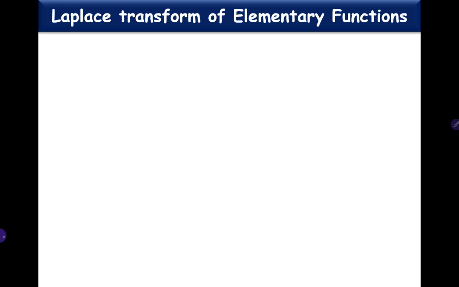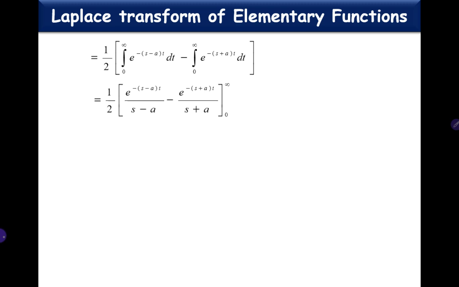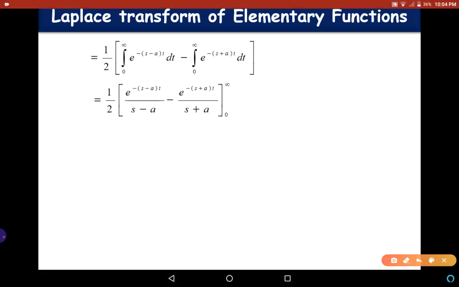That is equal to 1 by 2 times the integral 0 to infinity e power minus of s minus a into t dt minus the integral 0 to infinity e power minus of s plus a into t dt, which is equal to 1 by 2 times e power minus of s minus a into t by minus of s minus a, minus e power minus of s plus a into t by minus of s plus a.